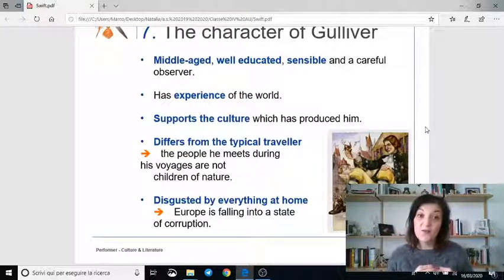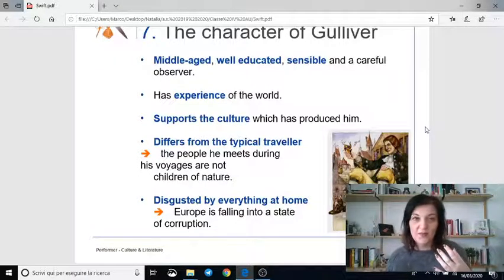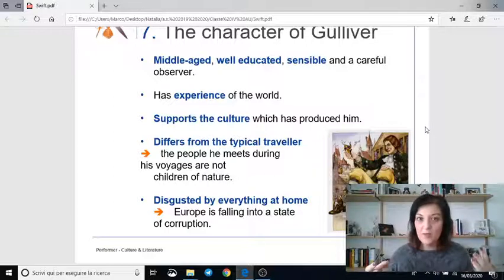Why do I say how does he describe himself? Because, as I told you, Swift uses a first person narrative, which was very common in the novels of this period. Don't forget the characteristics of the first novels in English literature.